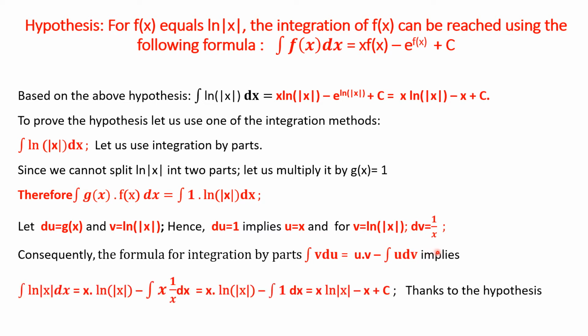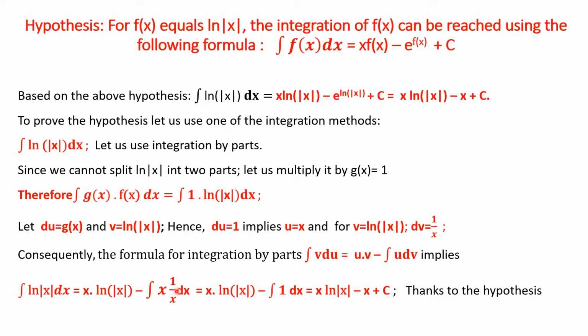This implies that our integration of ln of absolute value of x dx equals u multiplied by v, our u is x, our v is ln of absolute value of x, minus integration of u dv, which is x multiplied by 1 over x dx.